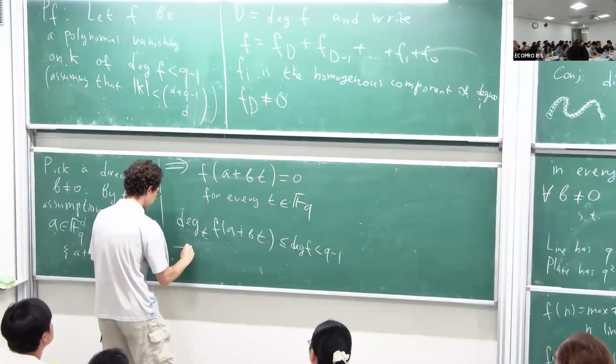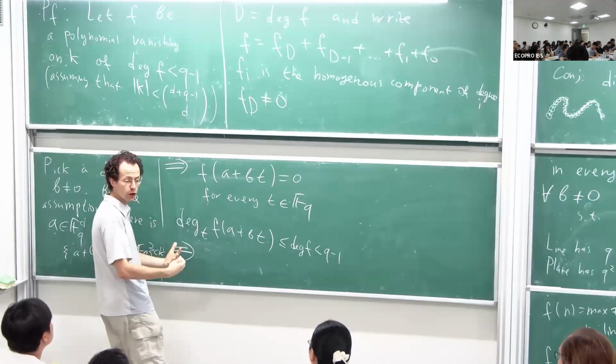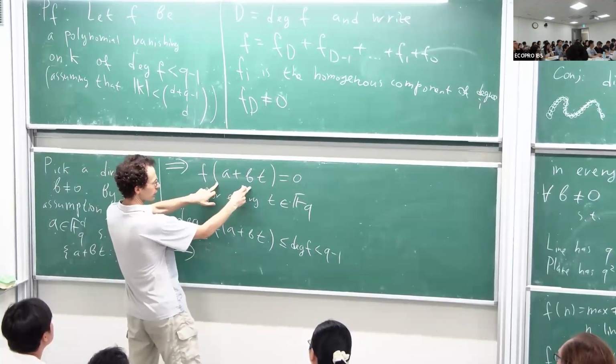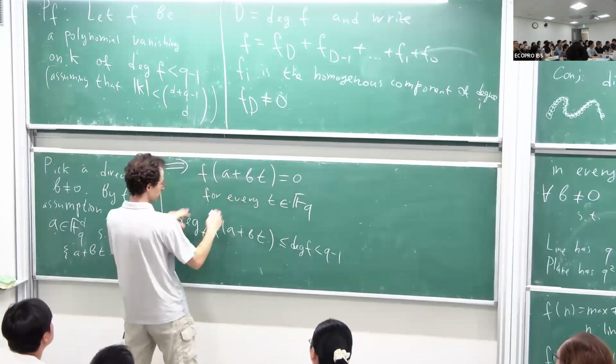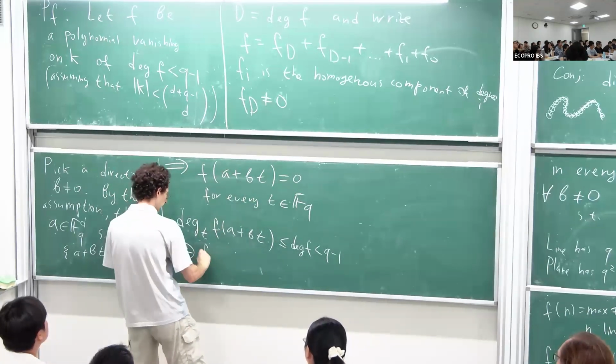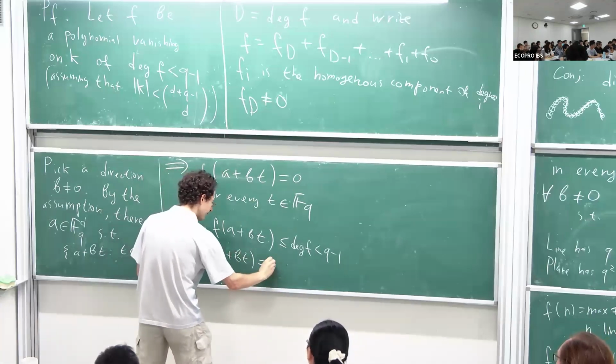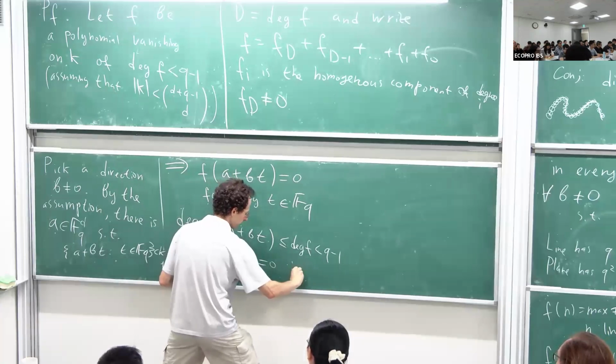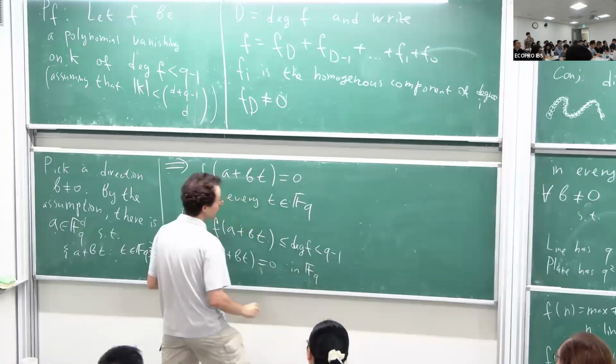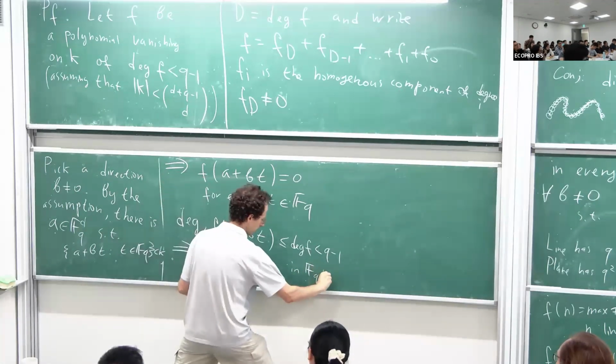Therefore, it's got to be the zero polynomial. So this was pointwise equality, but we deduced equality of polynomials.